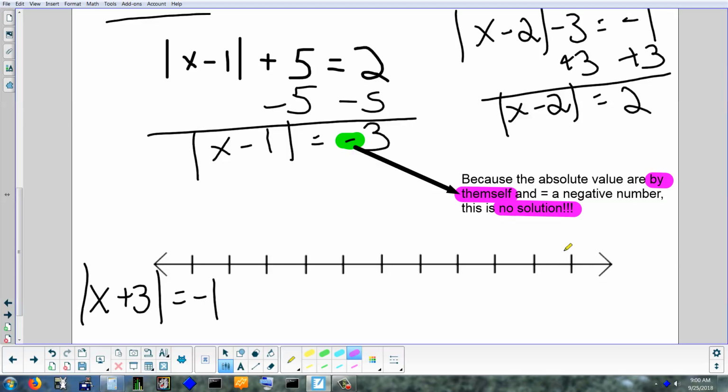If you have something like up here, where you have the absolute value bars and a negative, but you've got something on the outside, do what you have to do to get the absolute value bar by itself. If it still equals a negative, there will be no solution. But like that one, it changed to a positive, so it would still be a solution. So you just got to be careful.